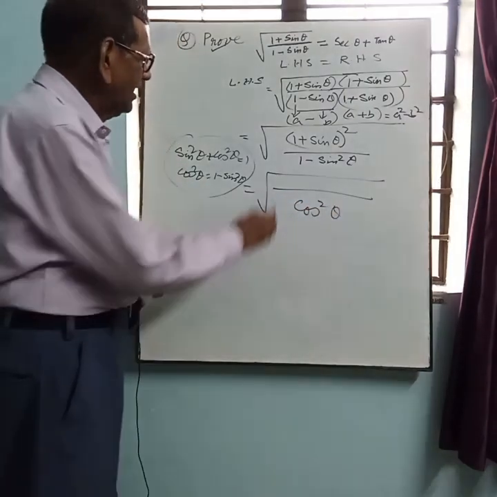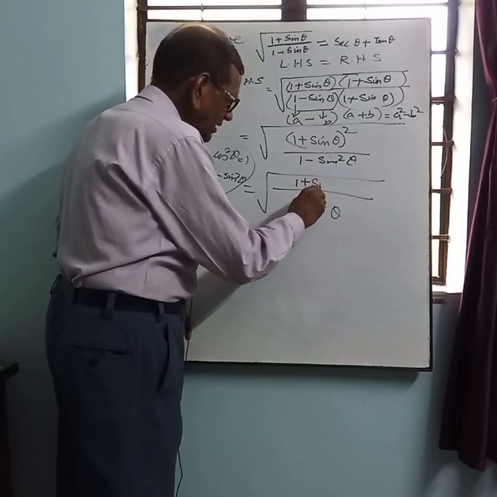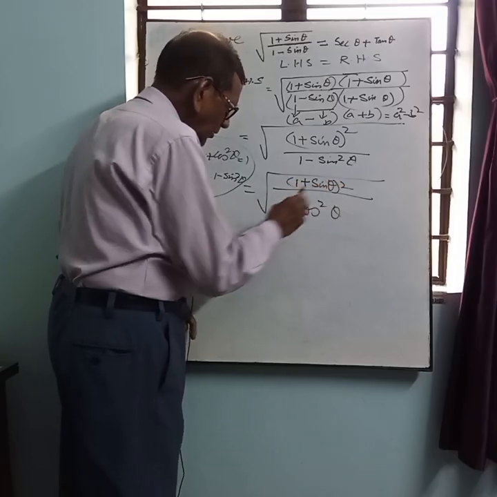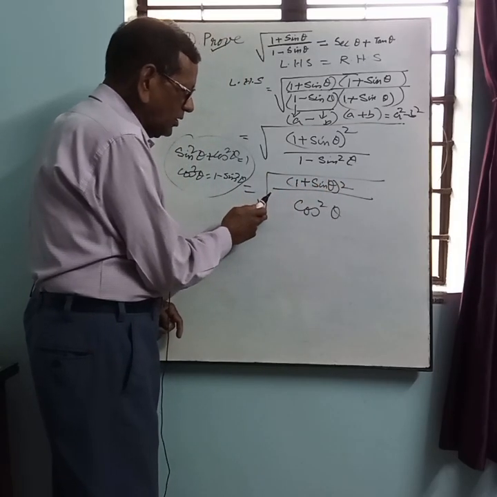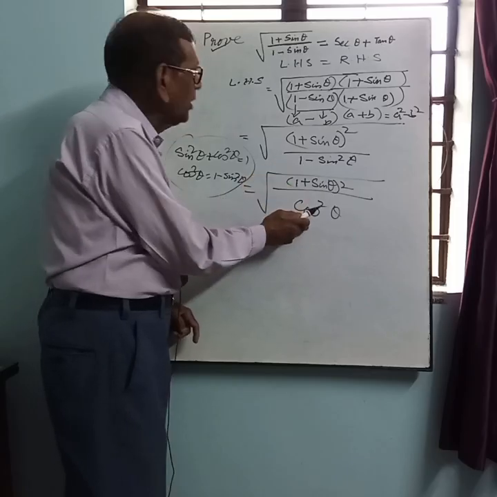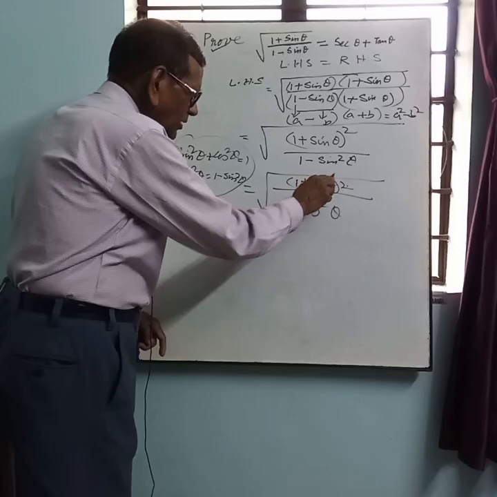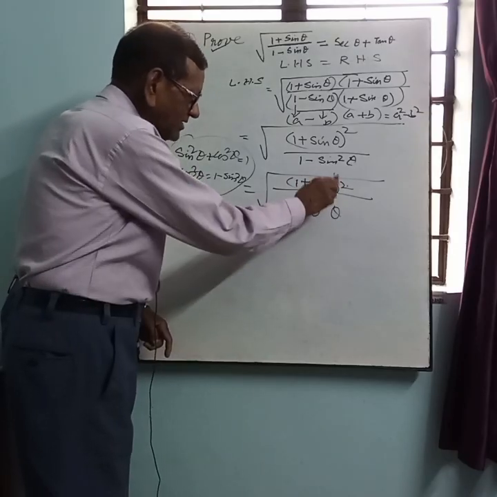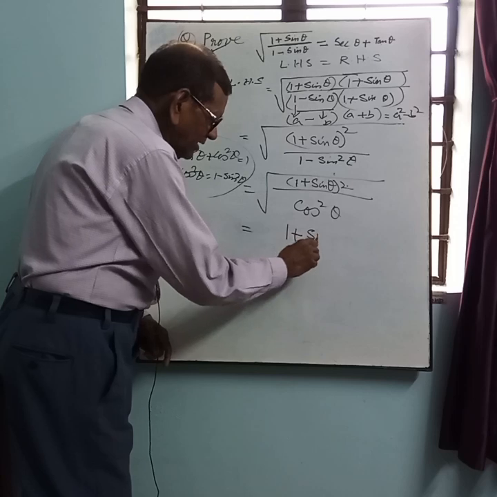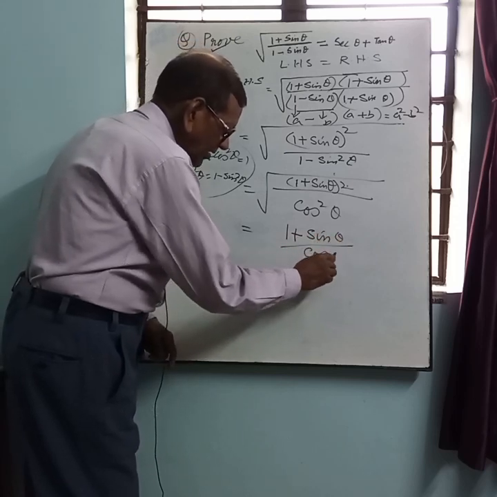Clear? And the numerator above is 1 plus sine theta whole square. Now, this square root is on the numerator as well as the denominator in the question. So, the square root and the square will cancel out, and here you will get 1 plus sine theta divided by only cos theta.